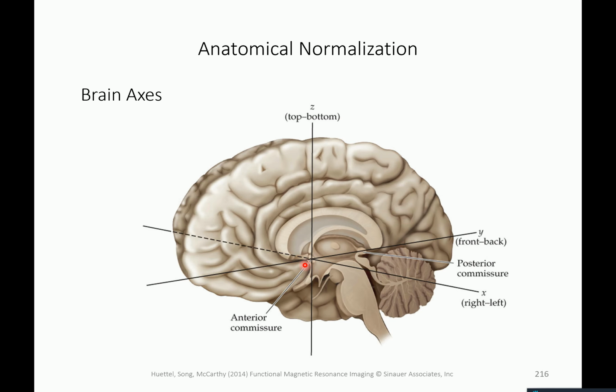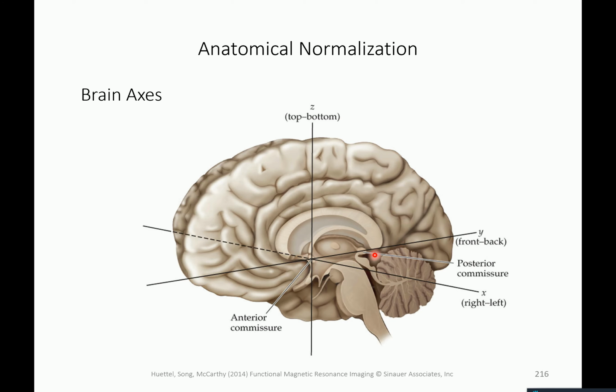And a helpful thing to establish a common space for brains is to have some landmarks that define certain things. This shows how essentially all common brain spaces are defined. The zero point in a brain space is always the anterior commissure, and the XY plane is arranged in the plane of the line connecting the anterior commissure and the posterior commissure.